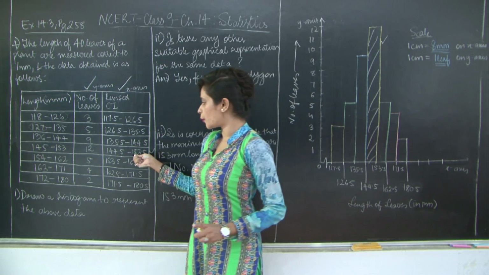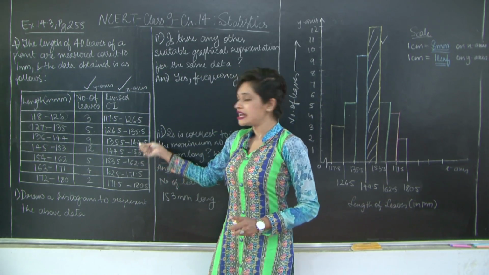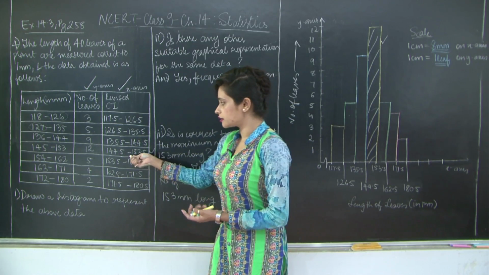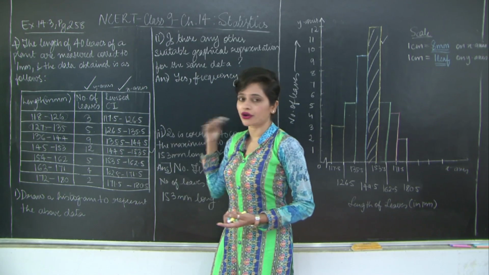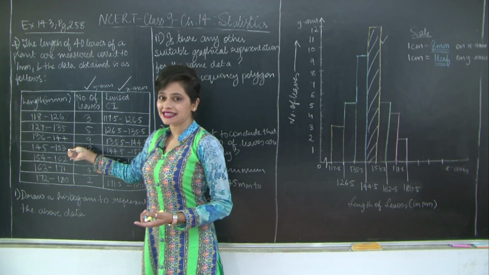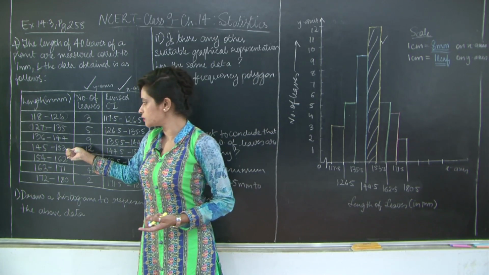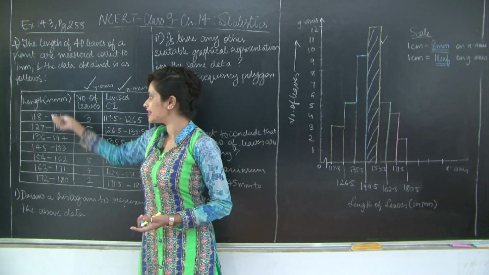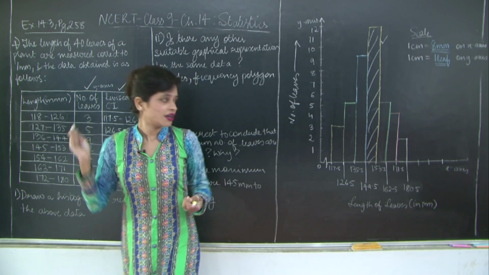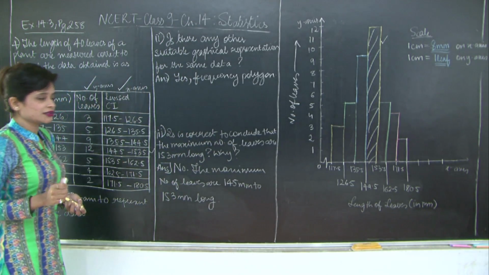But 144.5 to 153.5 is what we have deduced just to draw the histogram. So we are going to actually take the class that has been already given to us, which is 145 to 153, and this is in millimeters. So I hope you've understood this question. Please take a look.